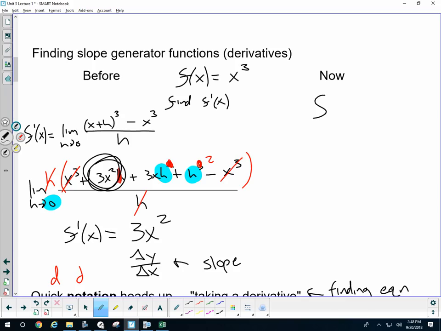Now, I say f of x is x cubed. F prime of x is, take the 3 down, subtract 1, 3x squared. Use your rules. It will save you a lot of time.